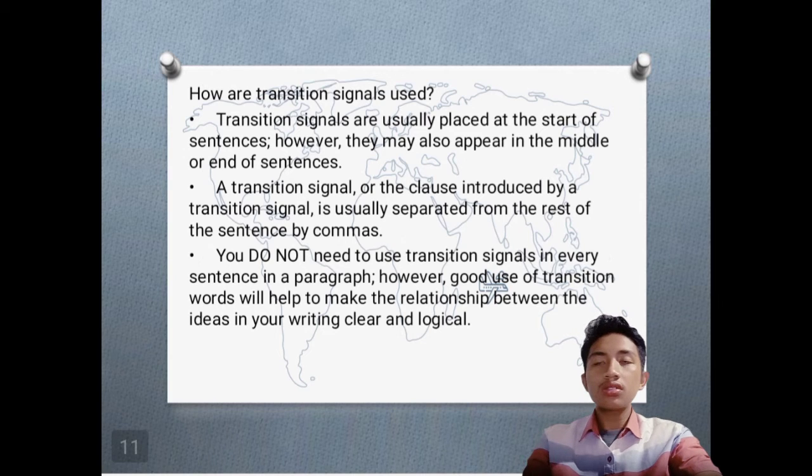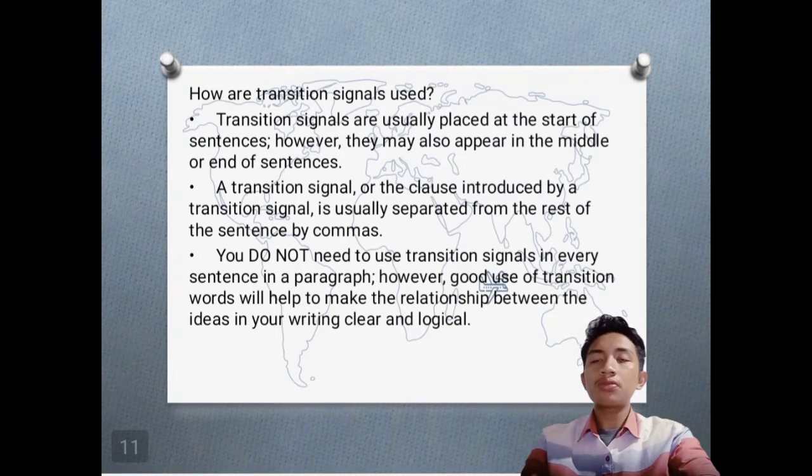You do not need to use a transition signal in every sentence in a paragraph. However, good use of transition words will help to make the relationship between the ideas in your reading clear and logical.